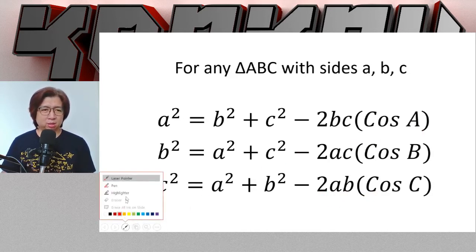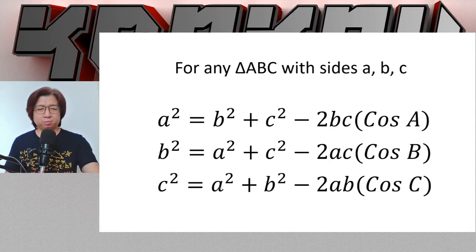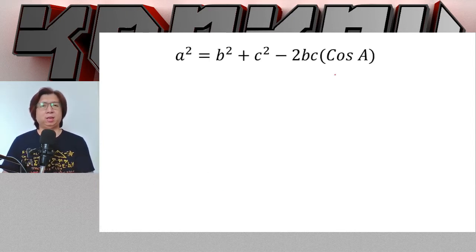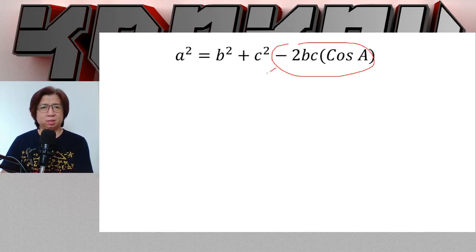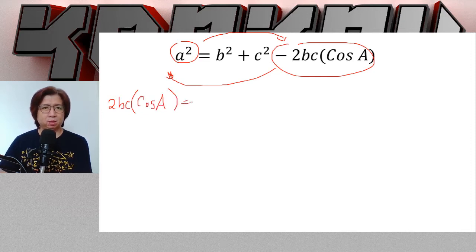Okay, so how about for the angles? From this formula, let us rearrange it to find a formula for angle A. Let us move this term to this side, and a squared moves over here. So it becomes 2bc cosine A equals b squared plus c squared minus a squared.